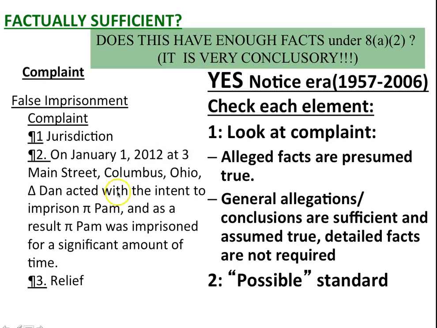We also presume that any general allegations or conclusions, like Pam was imprisoned for a significant amount of time, are presumed to be true, and we simply ask, could the plaintiff possibly recover? And our answer would be yes. If Pam can find proof that Dan acted with intent and imprisoned her, she could recover. So therefore, under the notice standard, this complaint would be factually sufficient.